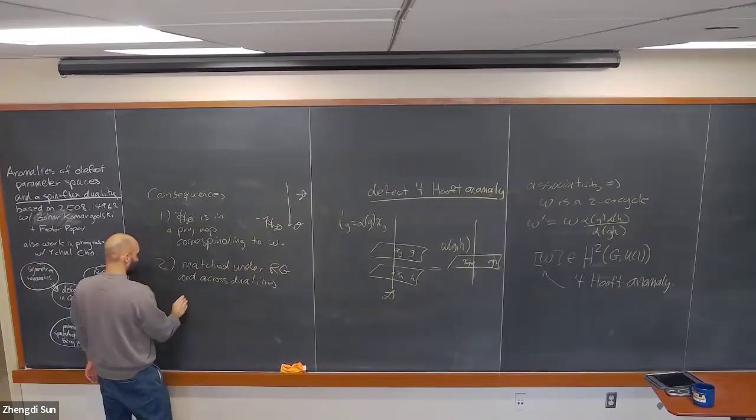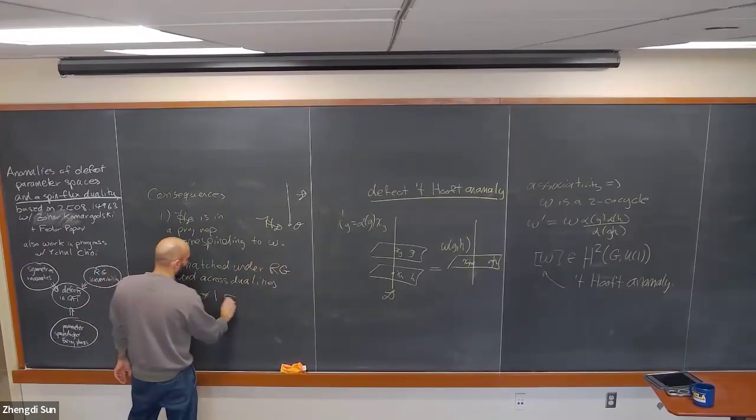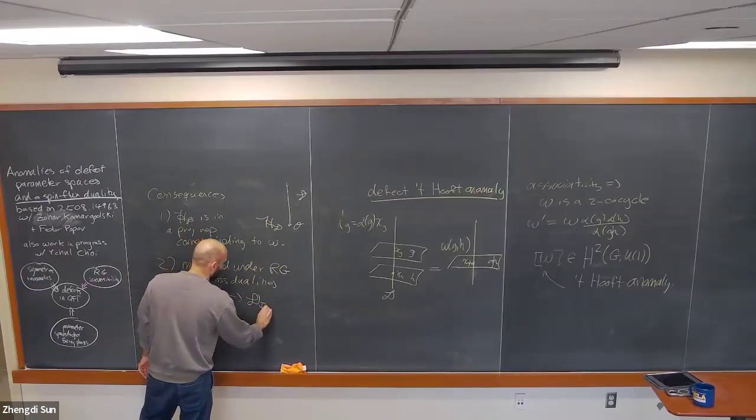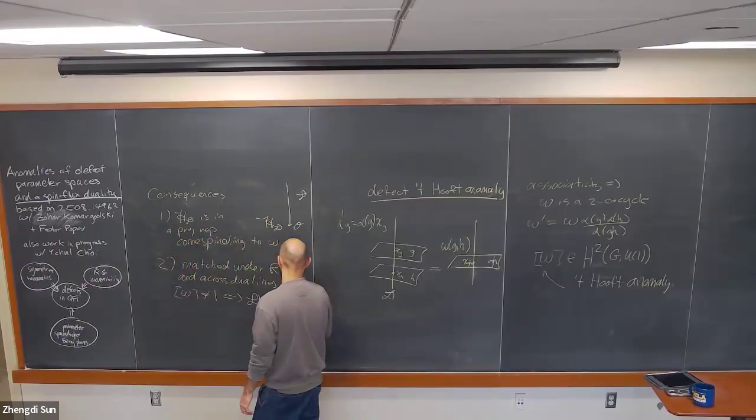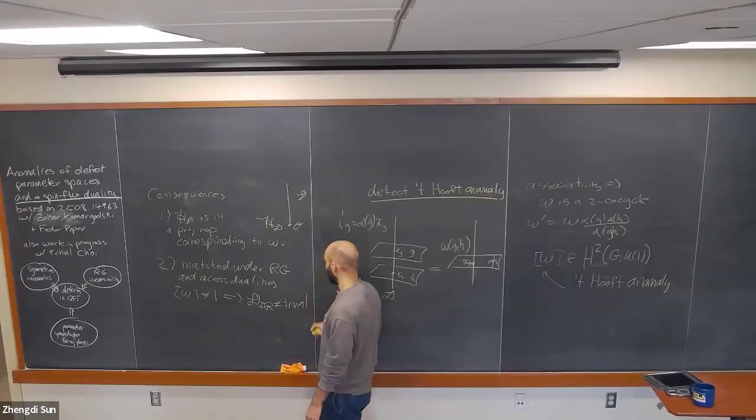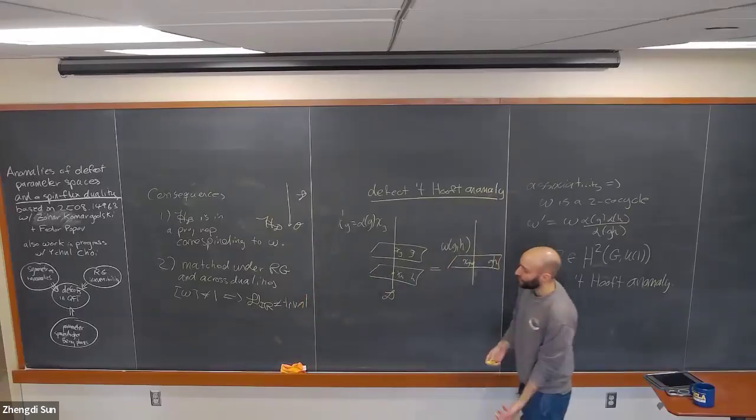So in particular, if this 2-cocycle is non-trivial, then the defect in the IR cannot be trivial either, because a trivial defect has a trivial 2-cocycle.